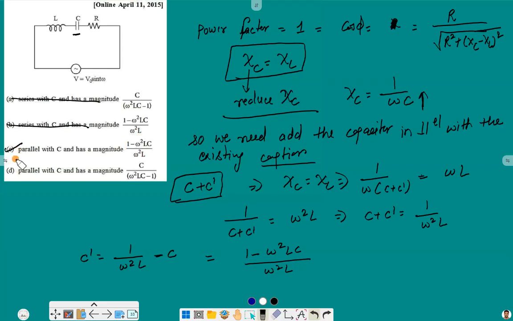So option C will be the right answer here. Let's move to the next one.